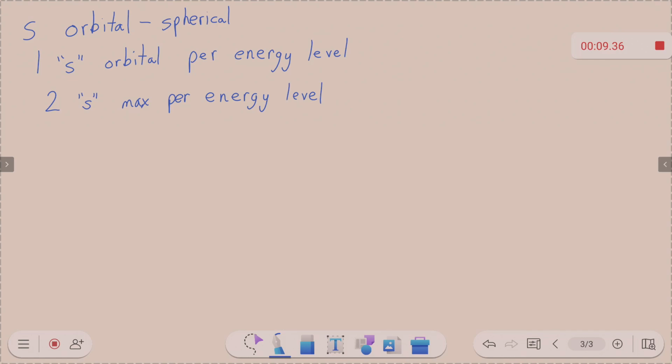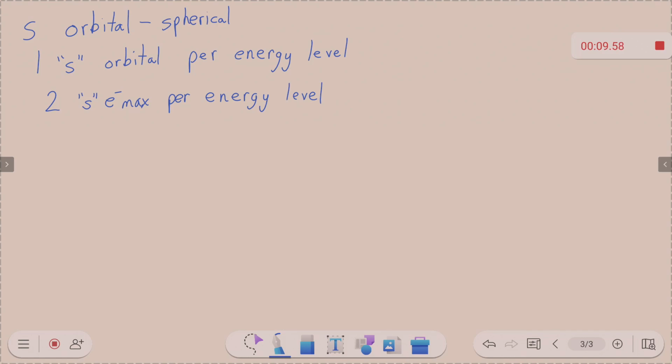Then you get the baseball around that, there'd be another 2 electrons maximum in that one. So I can get more s electrons, but they have to get further and further from the nucleus. So there are 2 s electrons maximum per energy level. And we'll talk about the number of different energy levels as we go through.